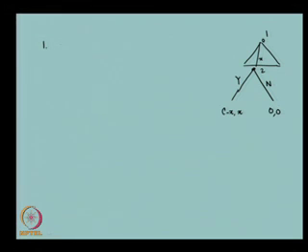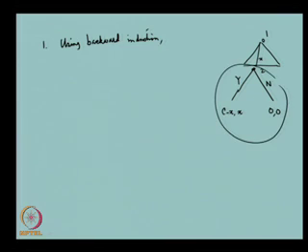Now, again using backward induction, we know player 2 is going to maximize his payoff in this subgame of length 1. Now, as long as x is positive, player 2 is going to say yes, because if he says no, he is going to get 0.